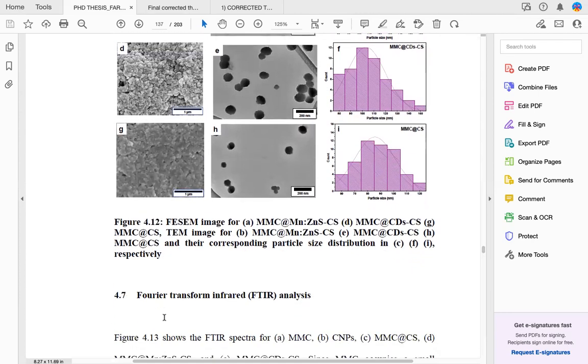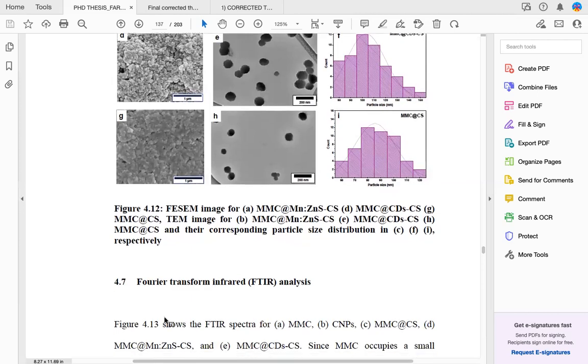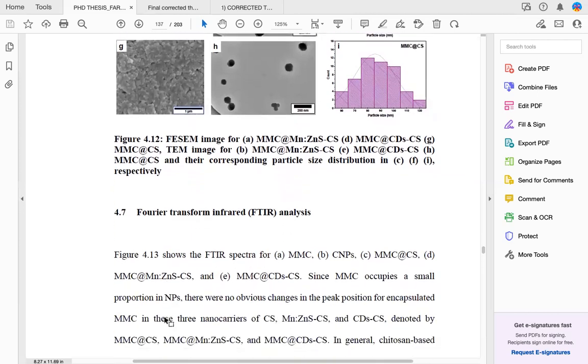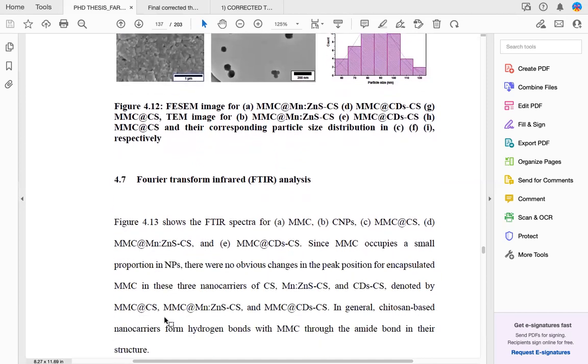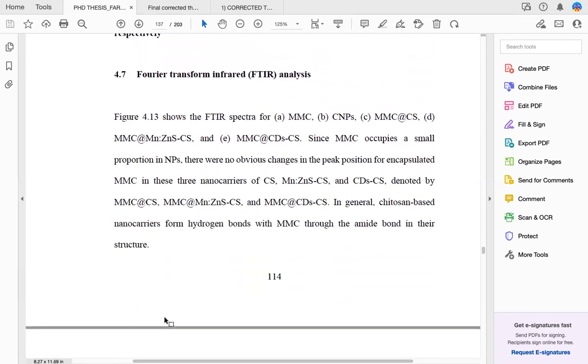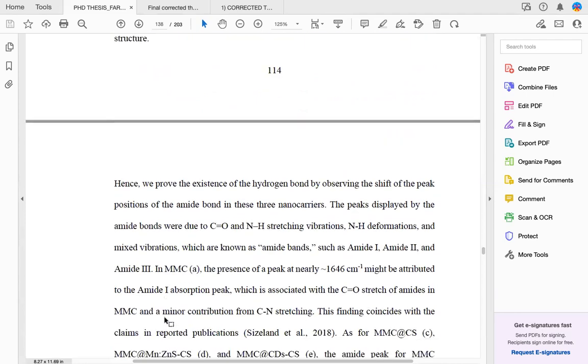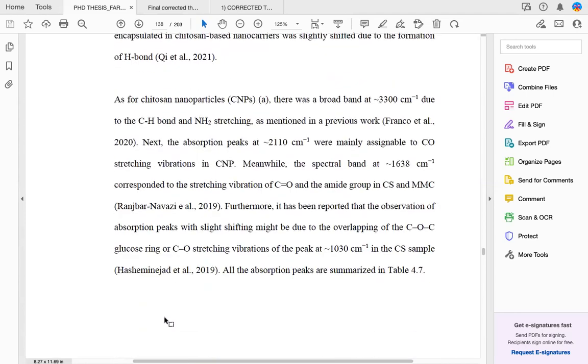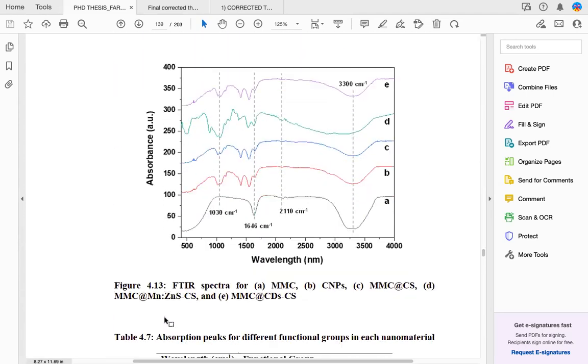Okay, let's look at another example of FTIR. Okay, this is a more complicated FTIR compared to the first example. So let's look at FTIR first. All right, FTIR spectra for a series of materials. She did some comparisons and she wants to show there are different functional groups for all these materials.